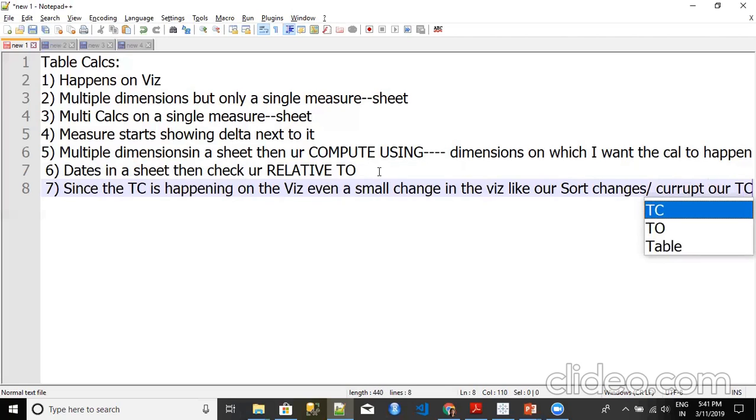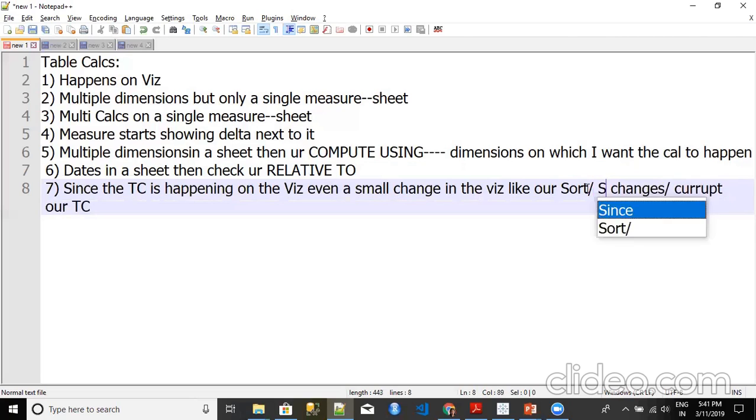So even once I've decided that, okay, I'm going for bars, and then I create a horizontal bar, then I decide and I do my table calculation. Then once I'm done with the entire visualization, I decide that, okay, no, I didn't want a horizontal bar, maybe a vertical bar would be better. And then we swap our axis with Control W. Please remember, even your swapping or sorting of your dimensions may change your table calculation. So it should happen as the last thing that you are doing on your sheet.